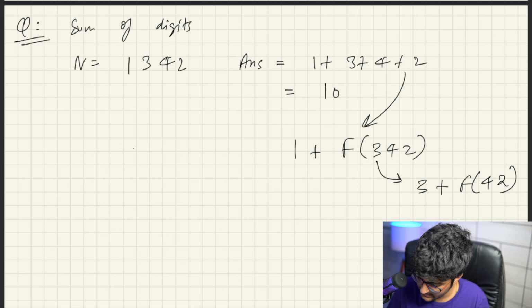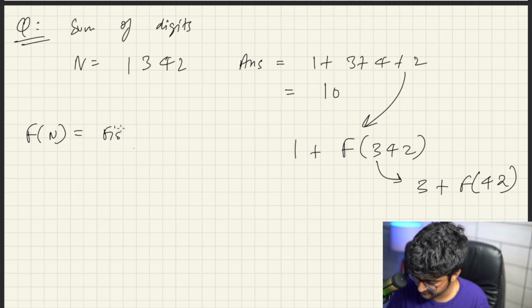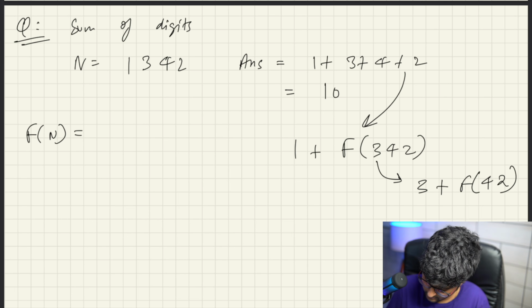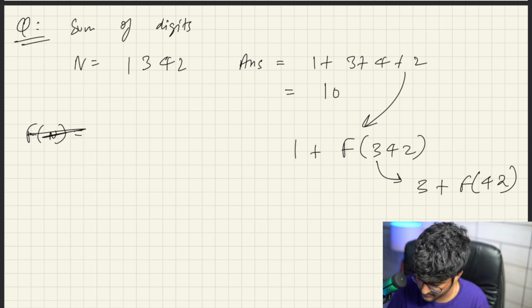So basically the idea is that f of n is equal to the first digit, whatever digit we have. How do we actually get the individual digits? We can take remainders. You can take the remainder by 10. We have done this previously as well.